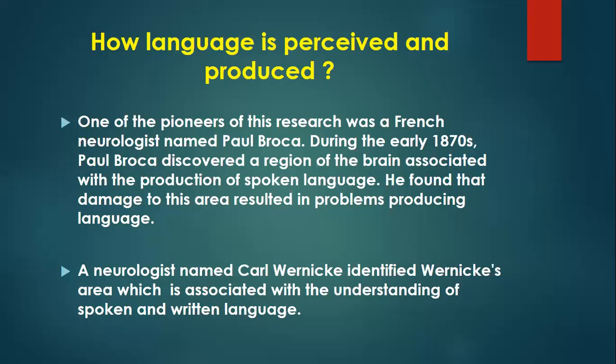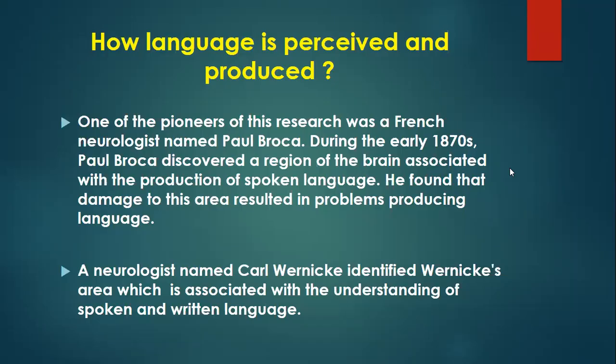Paul Broca discovered a region of the brain that is associated with the production of spoken language, and he found that damage to this area resulted in problems producing language.